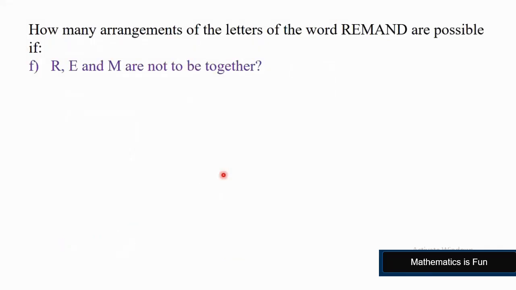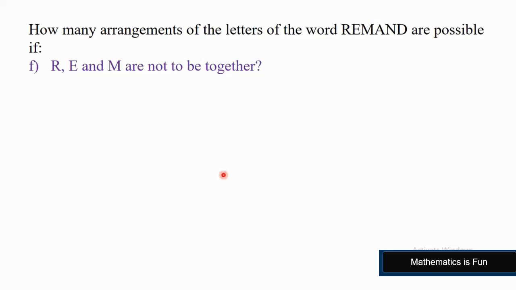How many arrangements of the letters of the word REMAND are possible if R, E, and M are not to be together? In the previous part E, we calculated the total arrangements in which REM can be together in any order. So the total arrangements without restrictions consist of 2 parts: arrangements with REM together and arrangements with REM not together.